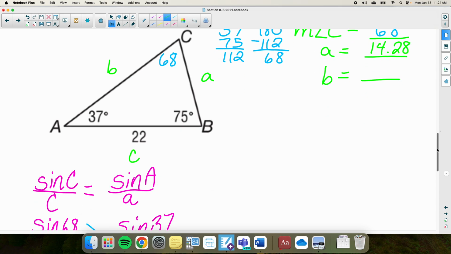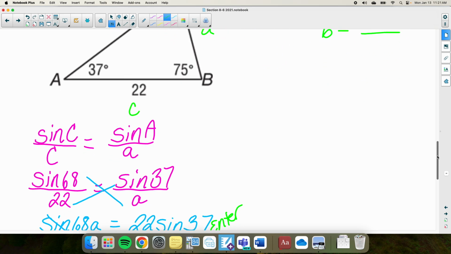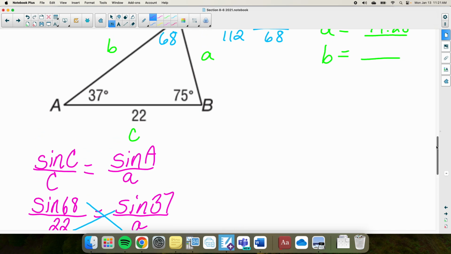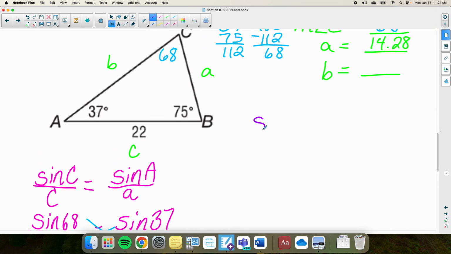And then what I'm going to do is find b. So again, I generally would stick with c because I have them marked on here. So I'm going to go sine of c over c because I know those. And this time I want to find little b, so I go sine of b over side b.